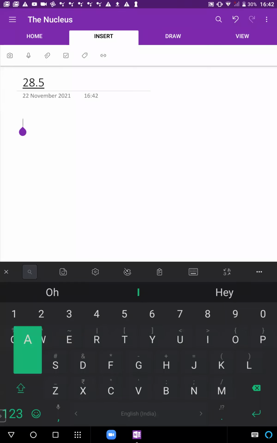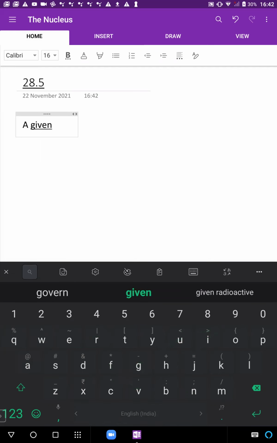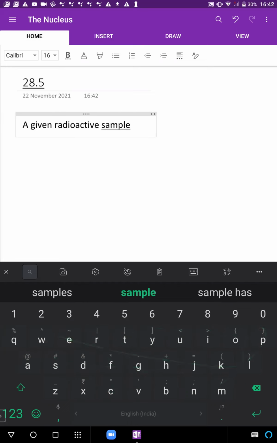So a given radioactive sample has, let's just say, 64 billion nuclei.